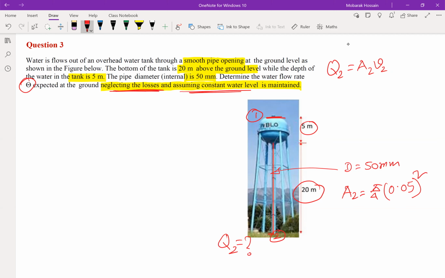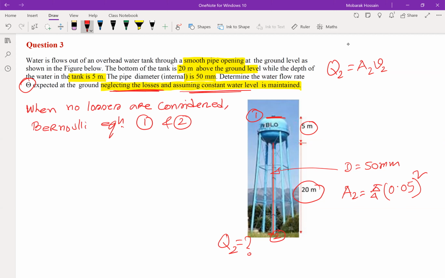So when no losses are considered, your total energy will be constant. Now if I apply the Bernoulli equation between 2 points, one is at location 1 and the other at location 2. Location 1 is on the top of the tank, location 2 at the ground level.